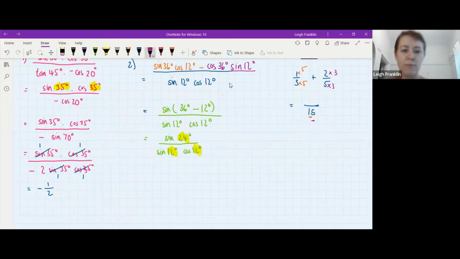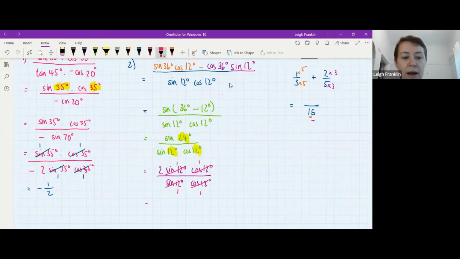So I'm going to rewrite sine 24 as 2 sine 12 cos 12 over sine 12 cos 12. And just like the example on the left, anything divided by itself is 1, and 2 over 1 gives me a final answer of 2.